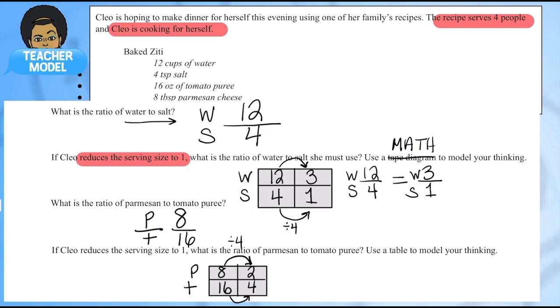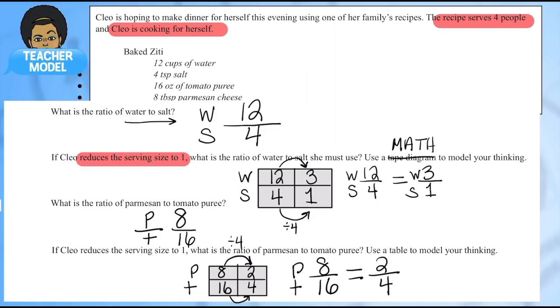I'm doing the same thing at the bottom to 4. So here are my 2 equivalent ratios. It went from 8 over 16 to 2 to 4. This is my Parmesan cheese to my tomato puree. So again, this helps model my thinking. It shows how I'm reducing my ingredients. So I'm going to hit pause so you can jot this down into your notes.